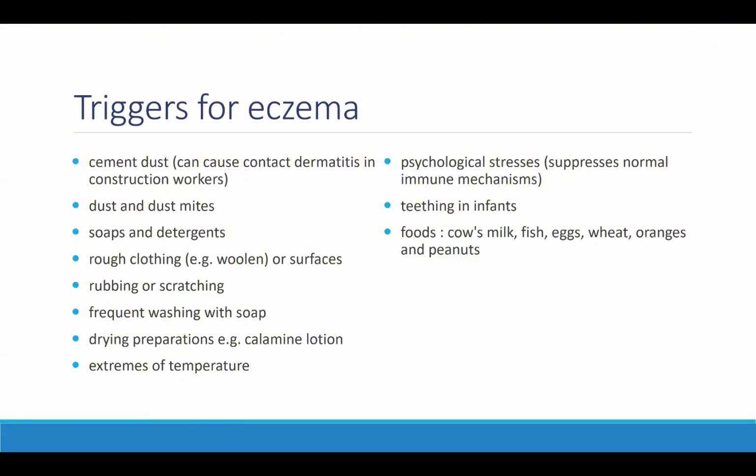For example, cow's milk, fish, eggs, wheat, oranges, and peanuts, and this particularly is more for younger children.